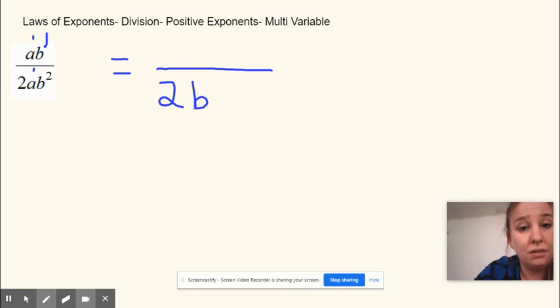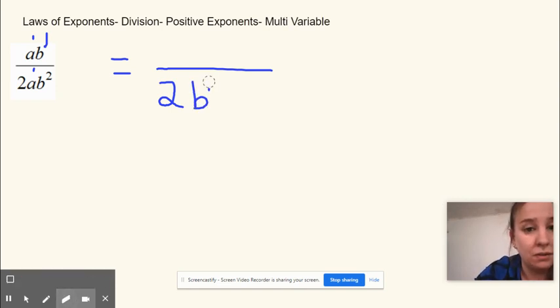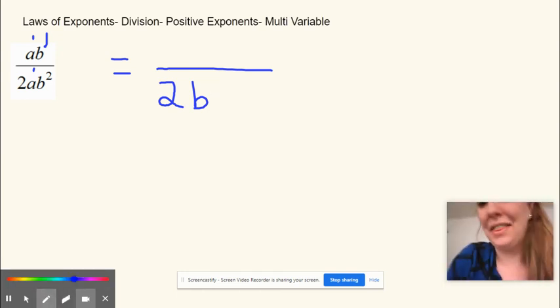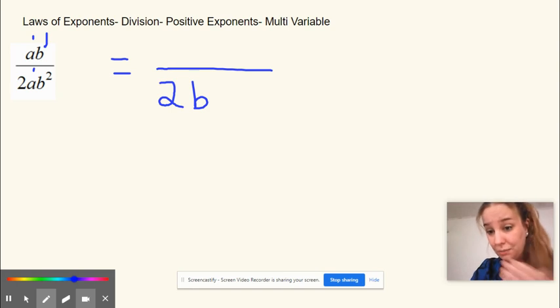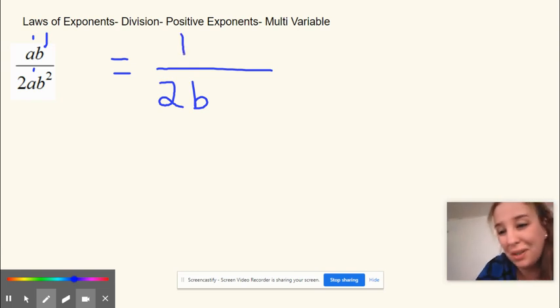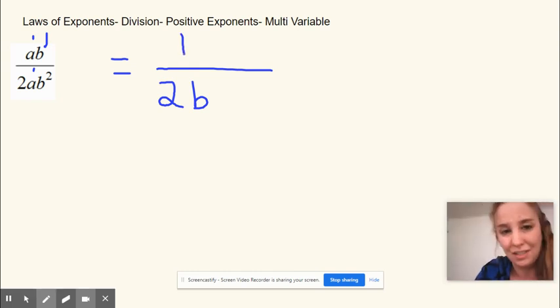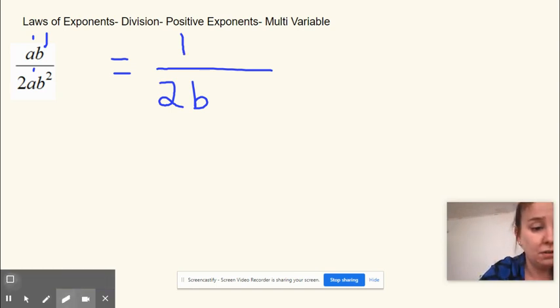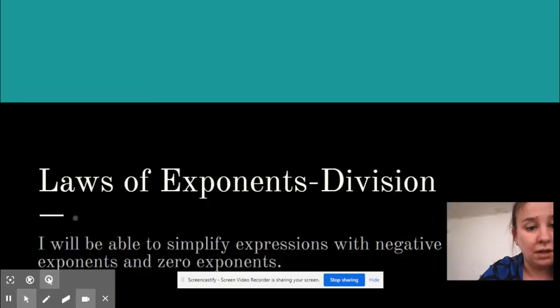So we have b to the first power, but we're lazy. We don't write ones. But now you can't just have nothing in the numerator because it is a fraction. So we use that 1 as a placeholder that we didn't write before. So it's 1 over 2b.